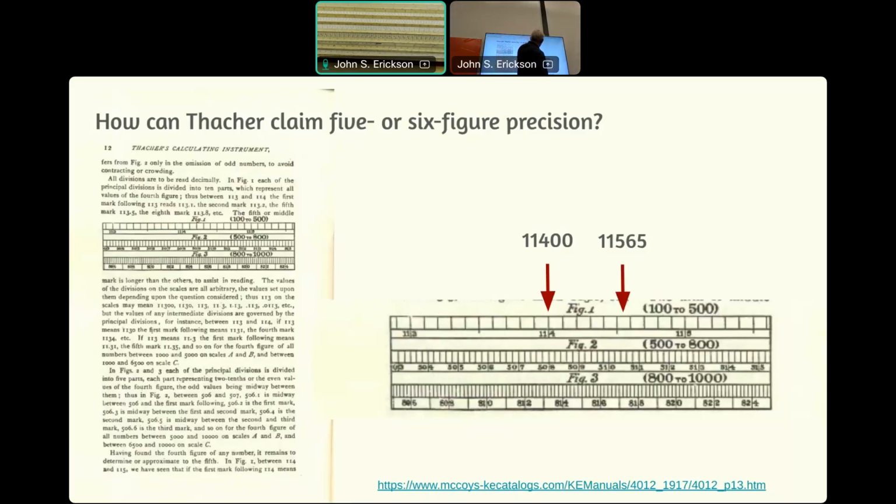Another typo, sorry. Let's move it. This is beyond that. It's 11,465. Okay, 11,465. Move it a little bit to the right. It's 11,467.5. So voila, that's 5 or 5.5 digit precision.